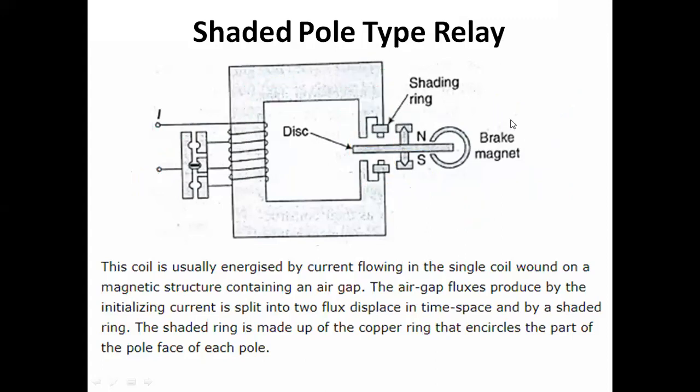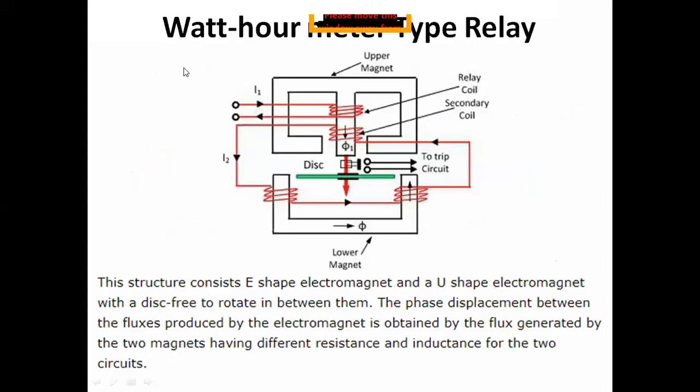Next, we come to the watt-hour meter type relay. In the watt-hour type relay, there are also two electromagnets, one E-shaped magnet at the top and one U-shaped magnet at the bottom, and two coils are taken.